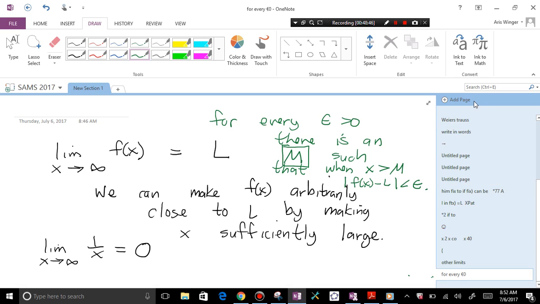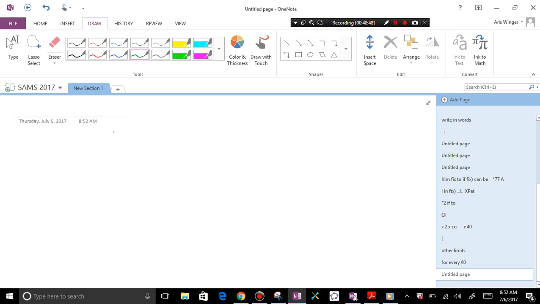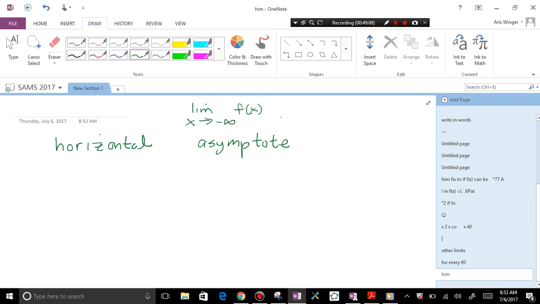So we have a clear definition now of a horizontal asymptote. Of course, you can form an analogous definition for this: the limit as x goes to minus infinity of f of x is equal to L. Please.